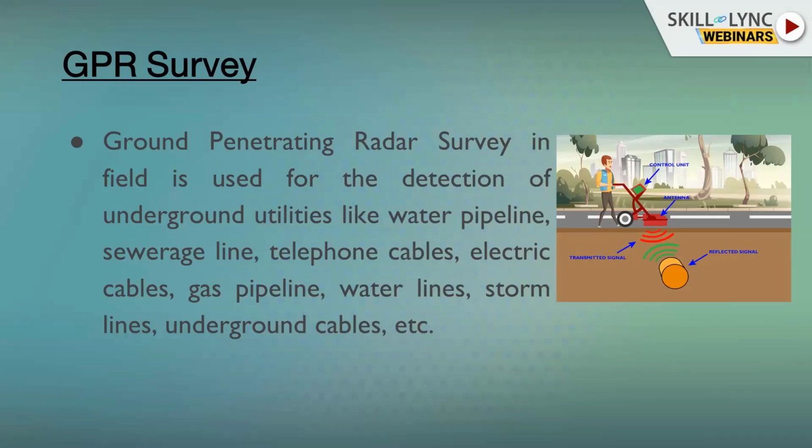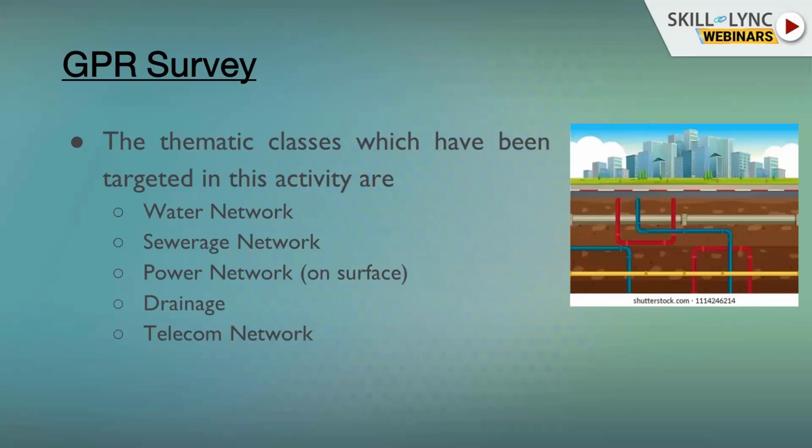If we have utility cables in the map as well, we can have the complete structure of the city or village and accordingly plan sewerage operations, watershed planning, or reservoir planning. With the GPR survey we can get the water network, sewerage network, power network, drainage, and telecom network.